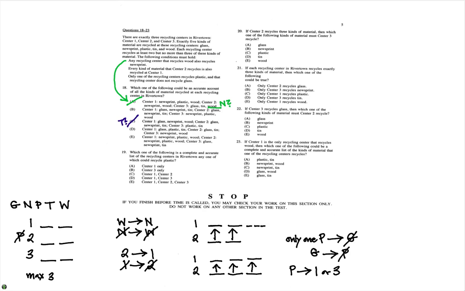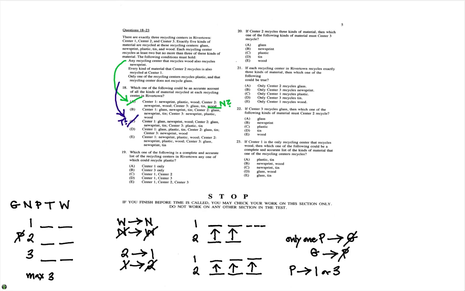So C would be eliminated. Again, directly violating the second rule. Moving on to D, center 2 has glass, tin. Center 1 has glass and tin, that's fine. E, center 2 has newsprint, plastic, wood. Center 1 has newsprint, plastic, wood.